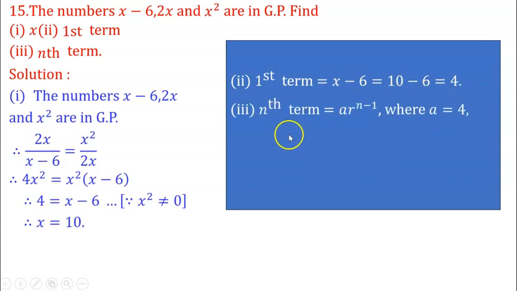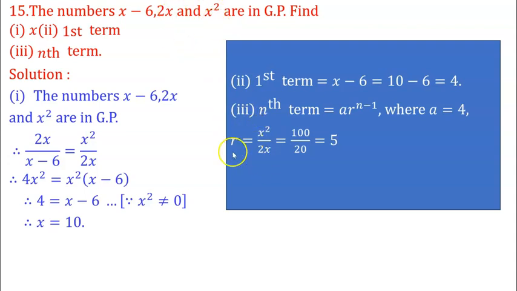Next, the nth term. The nth term is a into r to the power n minus 1, where a is equal to 4, which is the first term. Next, r means the ratio, that is x square upon 2x.